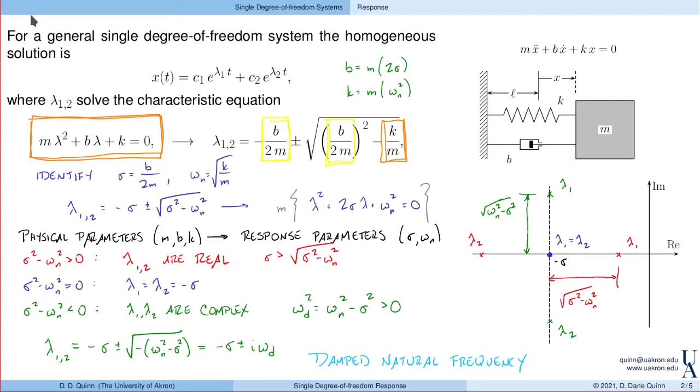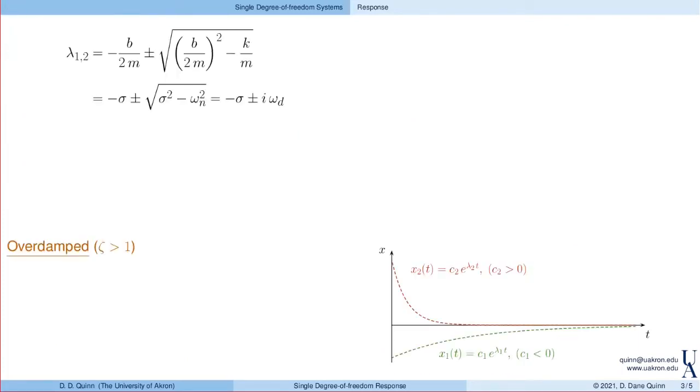So a little bit more about this. Well, here they are again, right? I've written lambda 1 in terms of the physical parameters, but then also in terms of sigma and omega n, and omega d there. And what I'll note is that we can actually do a little bit more.